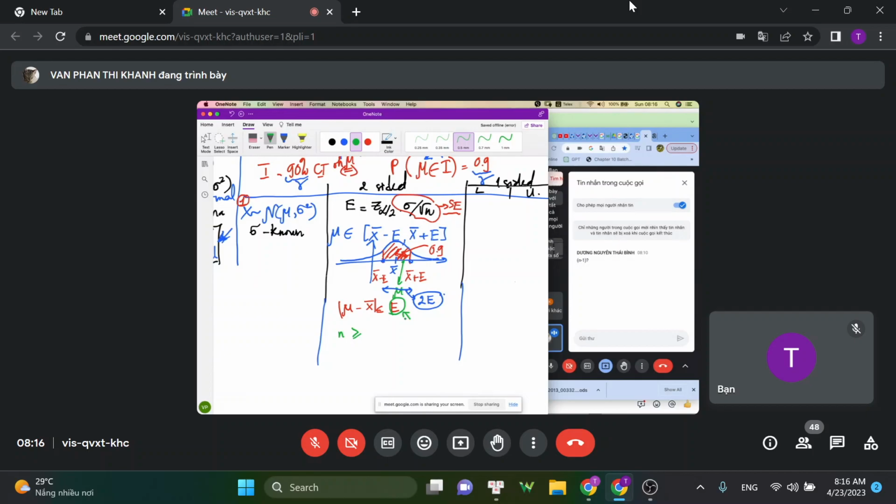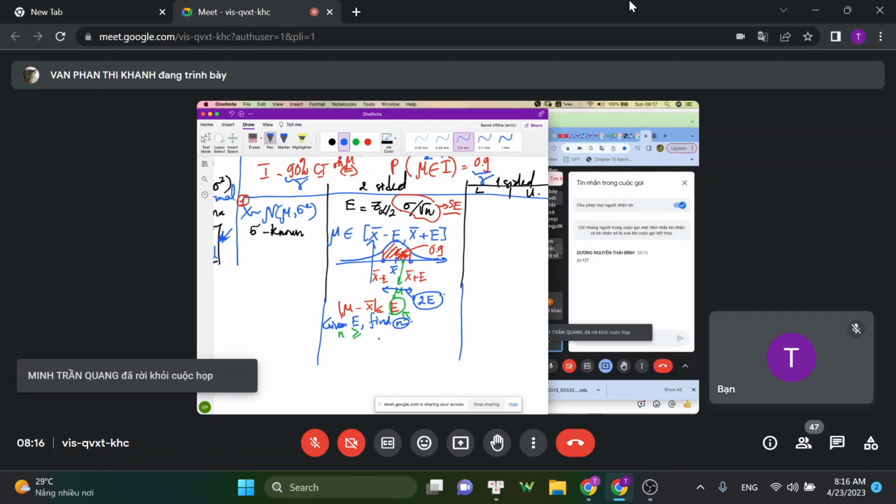Class, can you tell me, can you write the formula for n, the sample size? If I give you E, you have to find n. So n is greater than or equal to what?